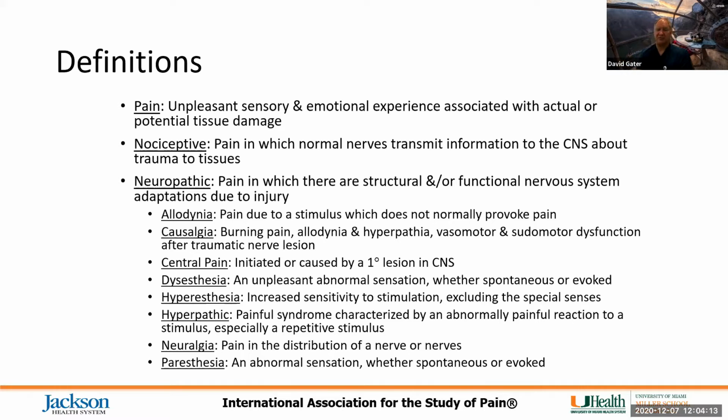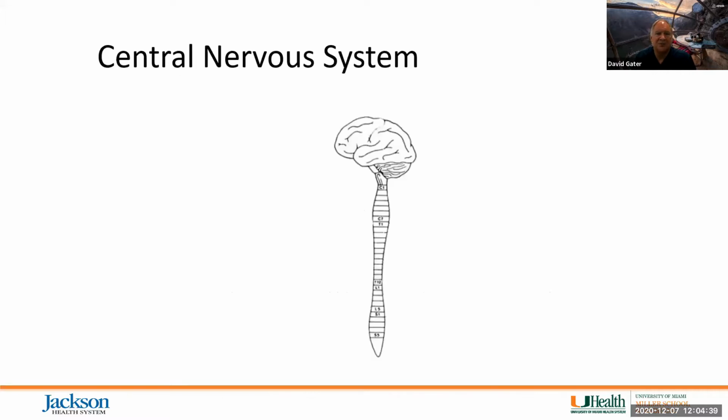So for example, you could have ulnar distributed pain. And then paresthesias, this is an abnormal sensation, may be spontaneous or evoked, typically associated with numbness. And so these are the main types. And we're going to talk about diagnosis and, more importantly, the pathophysiology associated with them as we go through this.